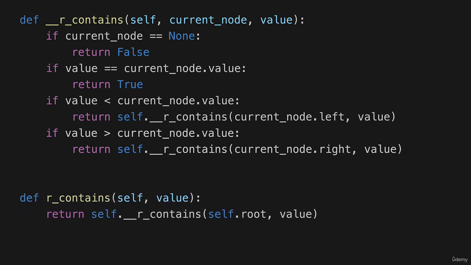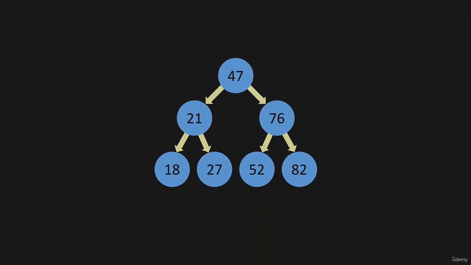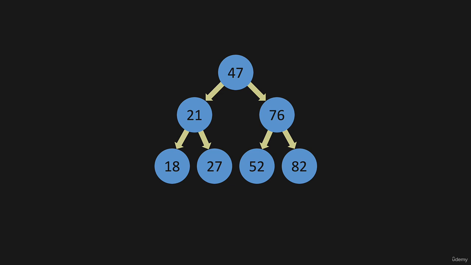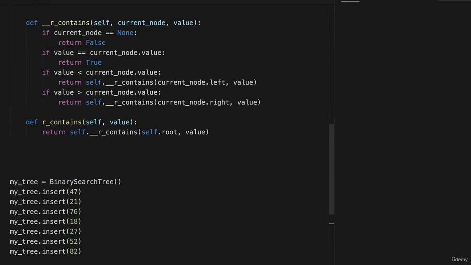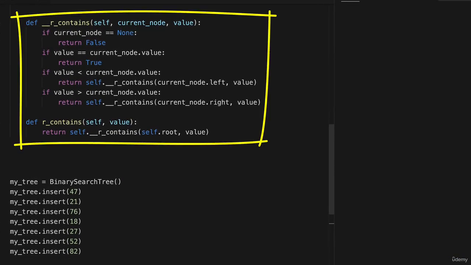So we'll look at this code in a moment in VS Code, and when we do, we'll build this binary search tree, and we'll run rContains on 27, and that should return true. And then we'll run it again on the number 17, which would be here if it was in the tree, but it's not, so that should return false. So now let's flip over and take a look at this. So there are the two recursive contains methods that we just created.